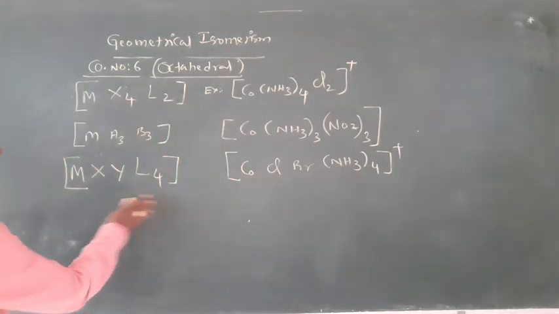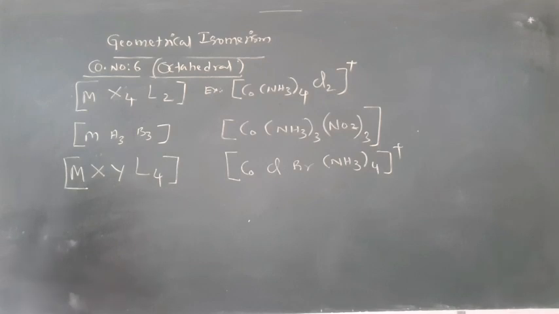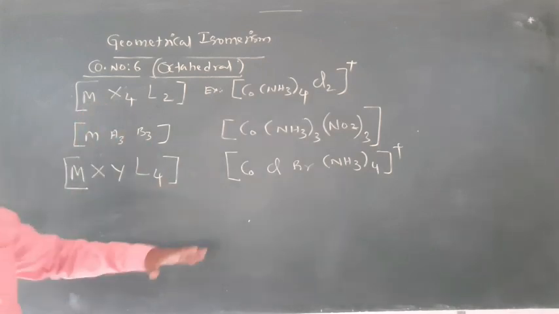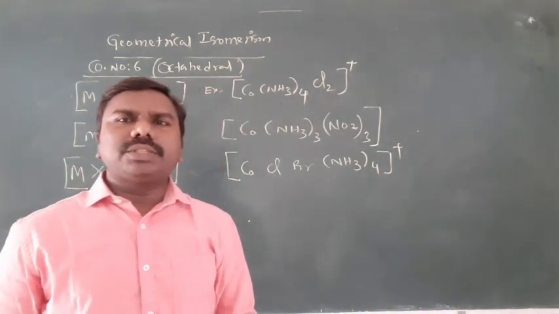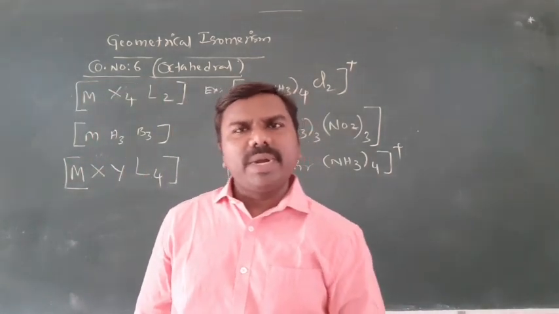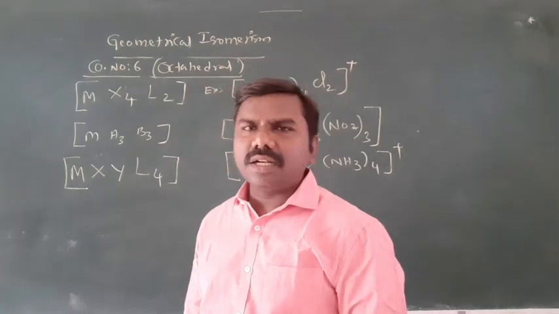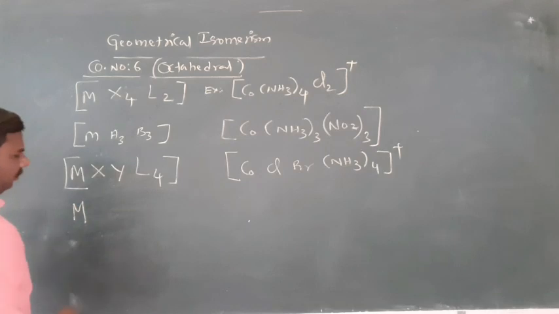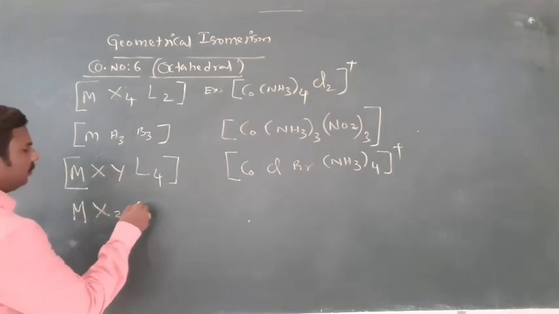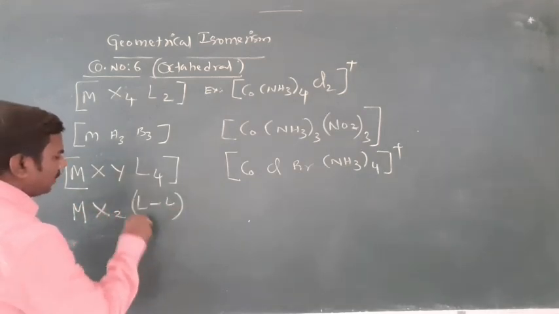So these are the formulas we have studied in coordination number 6. They can also show geometrical isomerism, cis and trans. Now another one, M X2 LL twice.